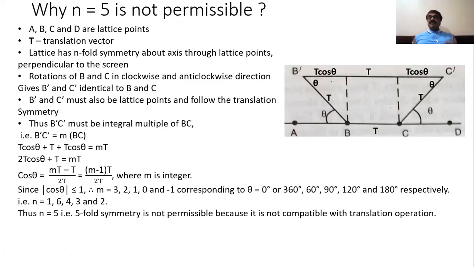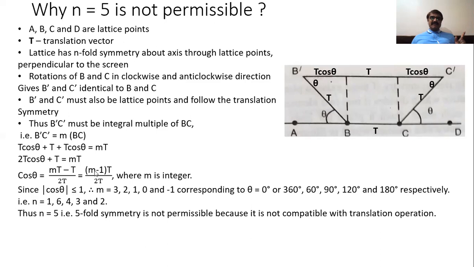Cos theta has values from minus 1 to plus 1, but if we take the modulus of cos theta, it has values from 0 to 1, that is, less than or equal to 1. The highest value permissible is 1.